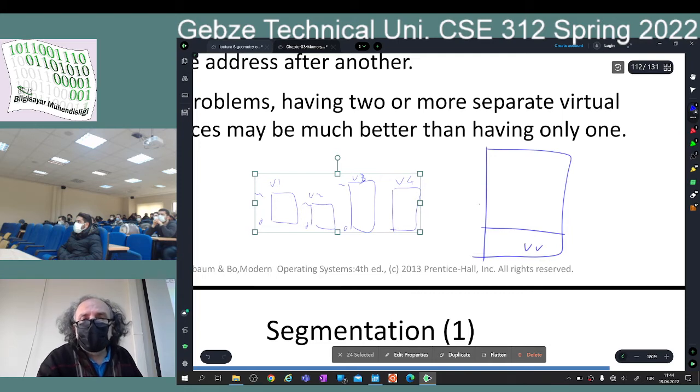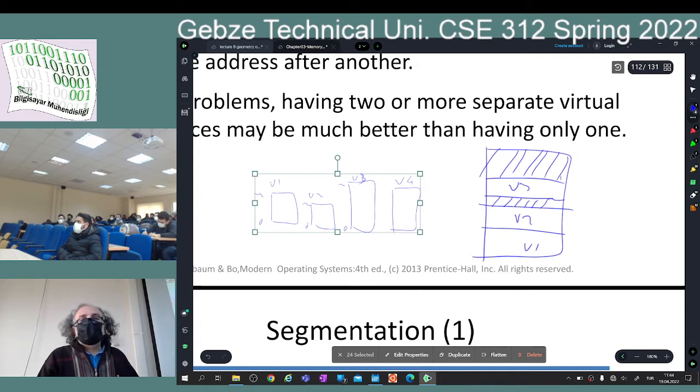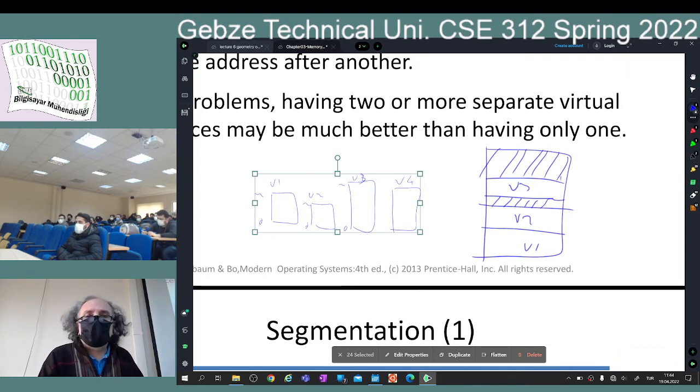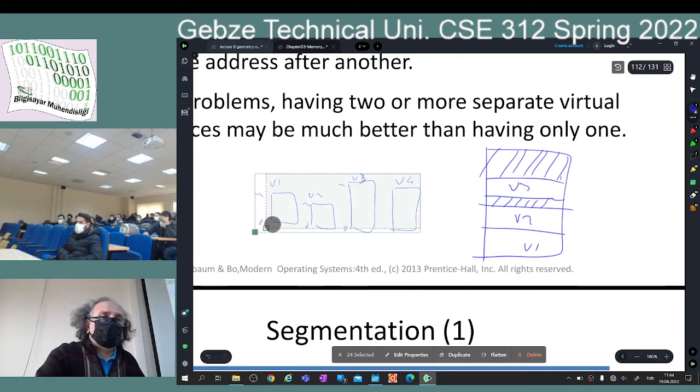For example, V2 could be here, and V3 is here, and there is some space between these two, and maybe the rest of it is empty. It is the responsibility of the operating system, with the help of the hardware, to move these segments around in memory. As a programmer, I don't know where my segments live in the memory. All I care is that each segment starts with address number 0 up to their sizes.